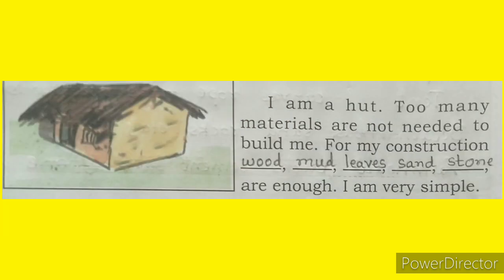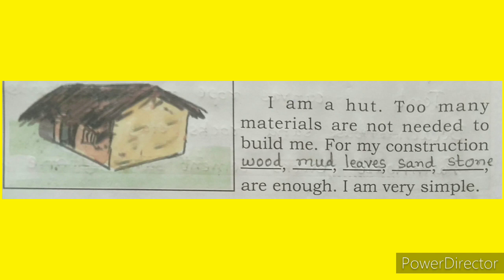Okay. Second one, I am a hut. Too many materials are not needed to build me. For my construction, wood, mud, leaves, sand, stone are enough. I am very simple. A hut is a simple house and it does not need more materials. Just with the help of a few materials you can build the hut.